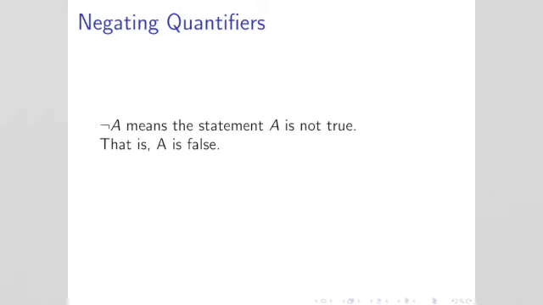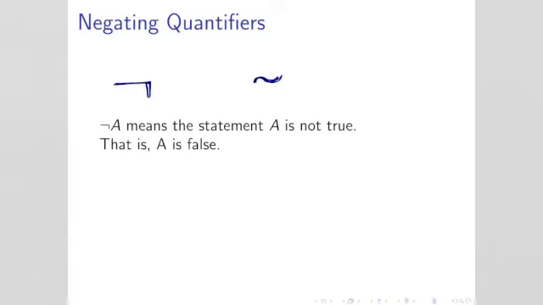If we want to negate a statement, think of negation just like you would in the English language. The notation we're using for this is this square bracket, not, right? Some of you may be used to using the tilde, and that's just fine. Either one of these is a valid notation.